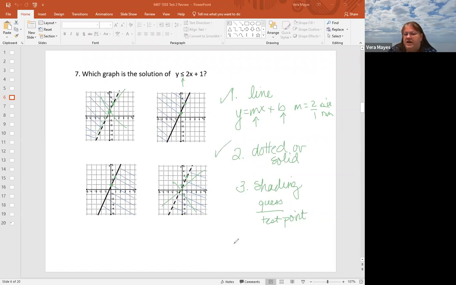Step 3, shading. So we want our y values to be less than the line. So if you had to look at these two and just make a guess, let's label these A, B, C, and D. Which one shaded less than the line?